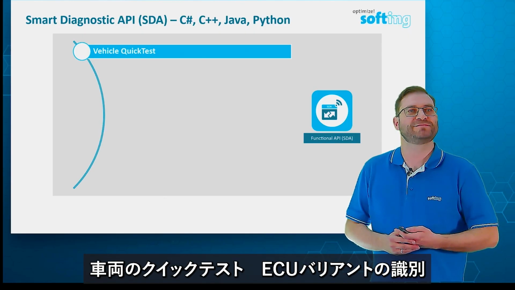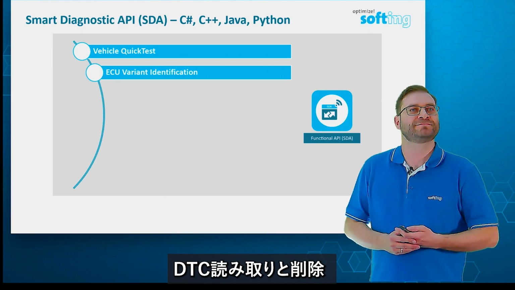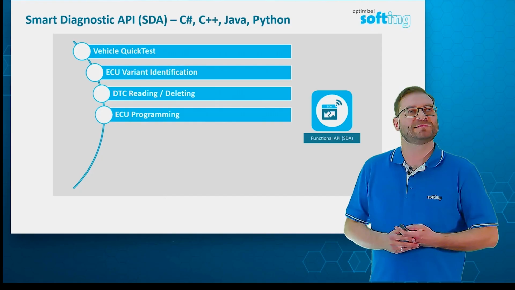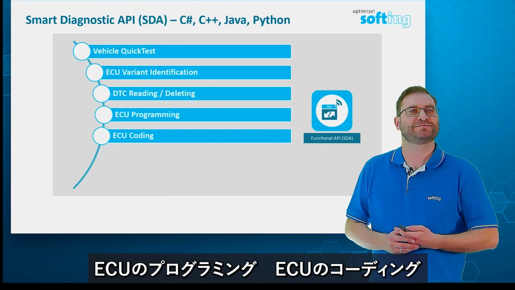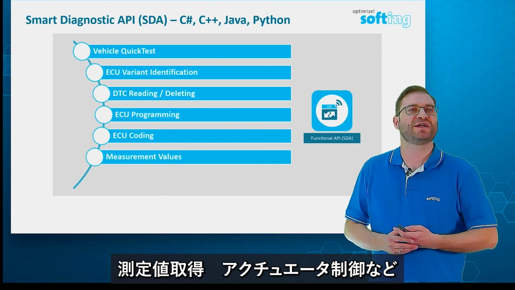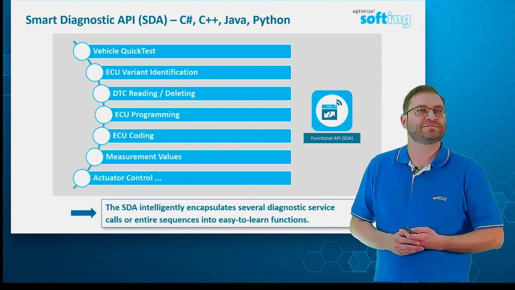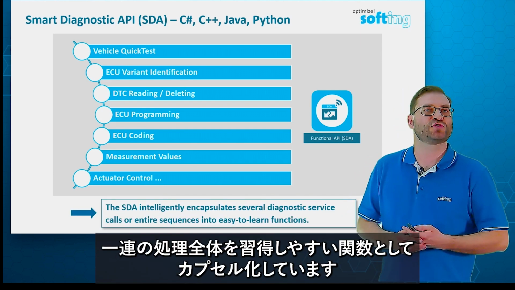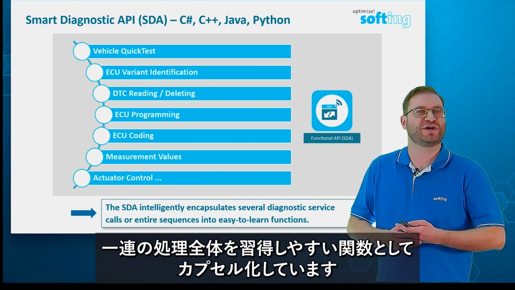Vehicle quick test, ECU variant identification, DTC reading and deleting, ECU programming, ECU coding, measurement values, actuator control, and so on. The SDA intelligently encapsulates several diagnostic service calls or entire sequences into easy-to-learn functions.